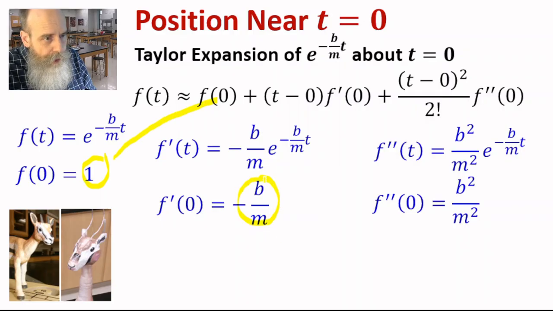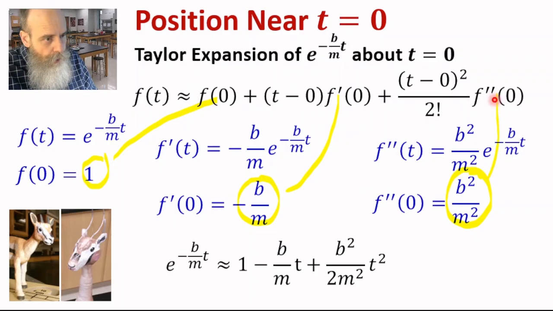Negative b over m goes here. And b squared over m squared goes here. And this is what we get. E to the negative b over m t is 1 minus b over m t plus b squared over 2 m squared times t squared. So let's use this expansion near t equals 0 in our result for x.